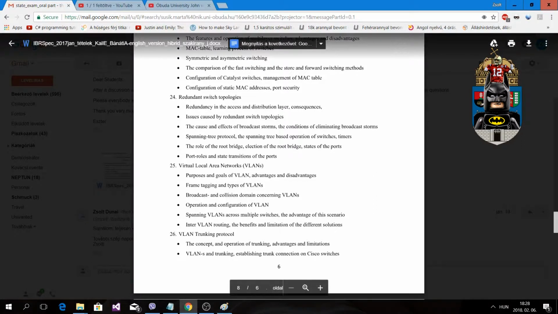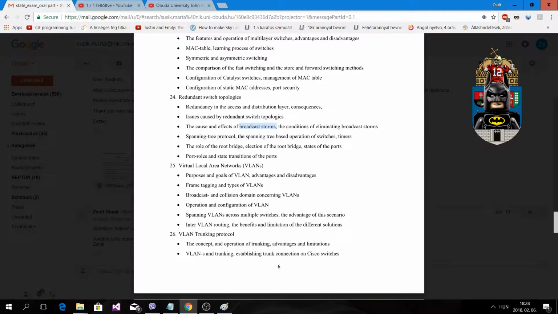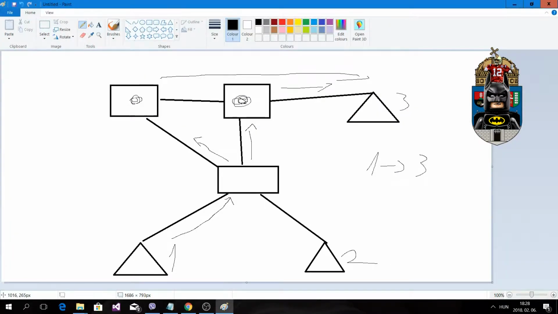The other problem that is described here is the broadcast storm, and the broadcast storm is somehow connected with the MAC table instability. Because imagine the other scenario where the broadcast message from this switch is going out on all its ports, then this switch will receive it and send out a broadcast to there, for example, and this will receive it and send out a broadcast to there. So what's going to happen?